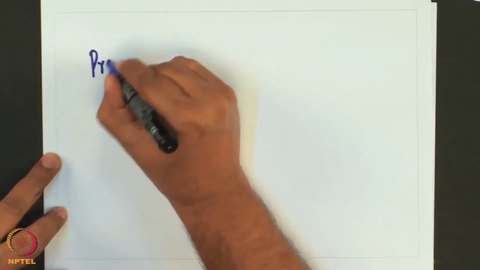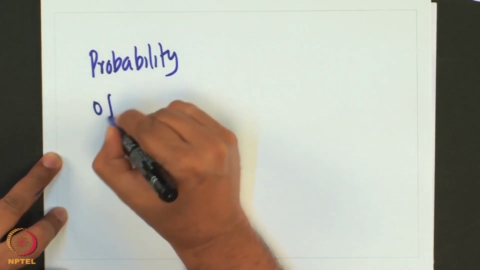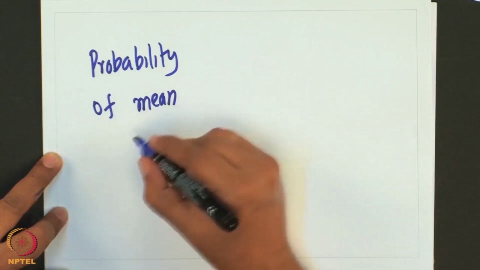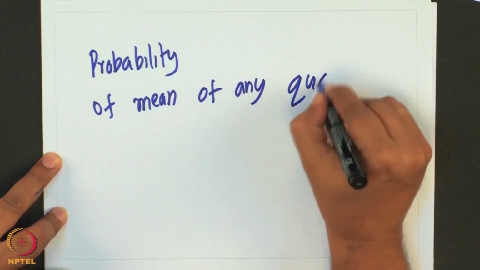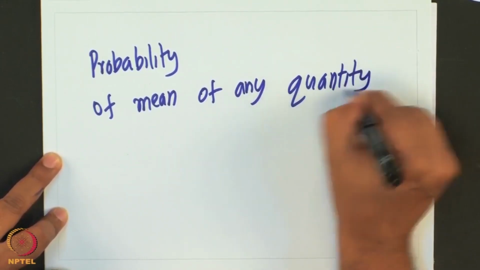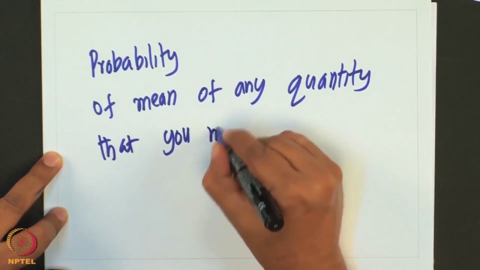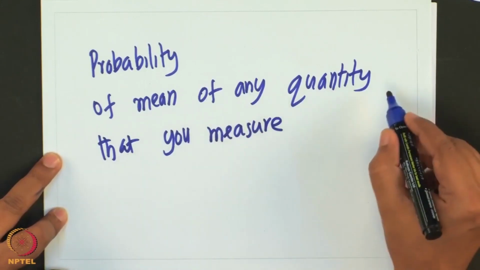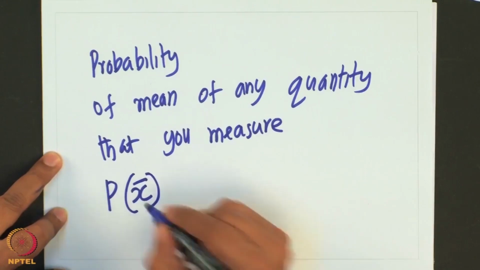So, the probability of the mean of any quantity that you measure, that is P of x bar.